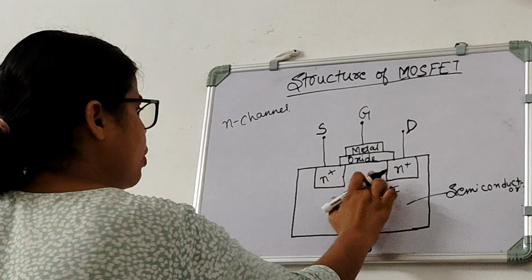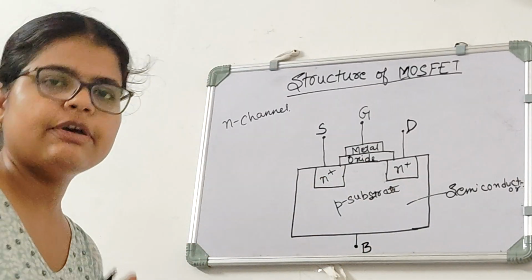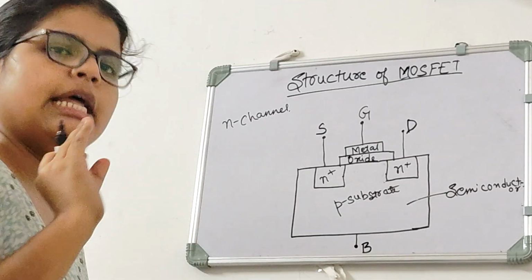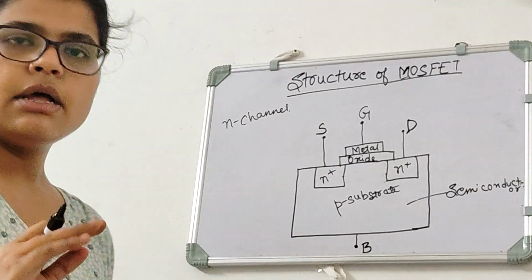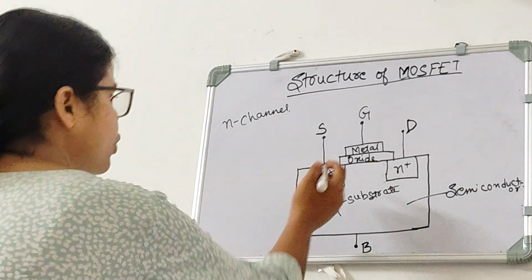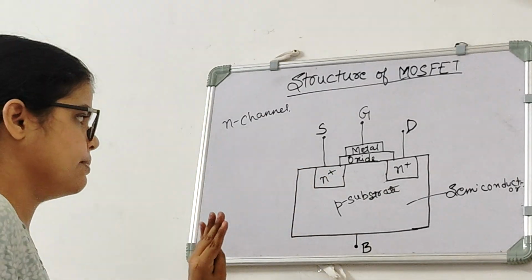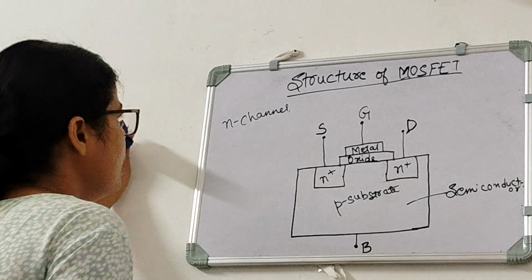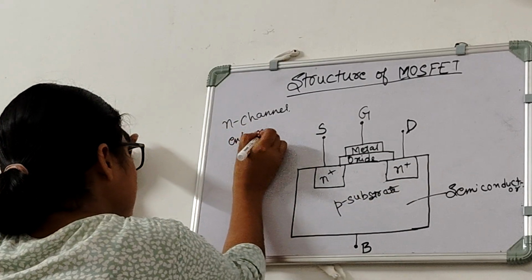So we are not drawing that channel, because in enhancement type MOSFET we don't have that channel before applying any gate voltage. Okay, so it is N channel enhancement type MOSFET. You can write it.